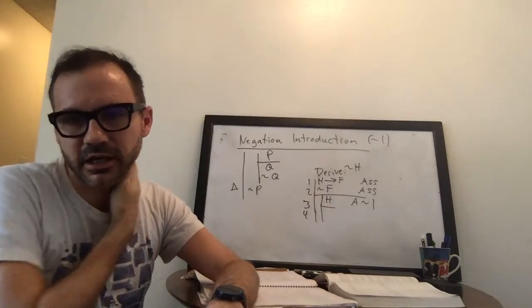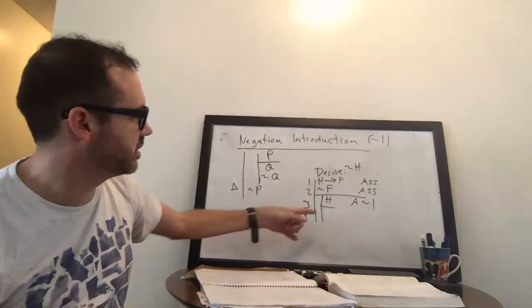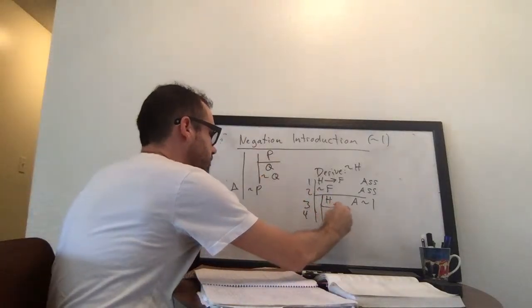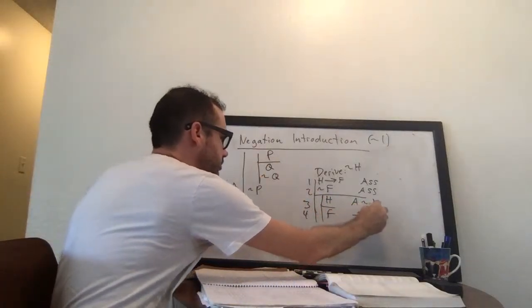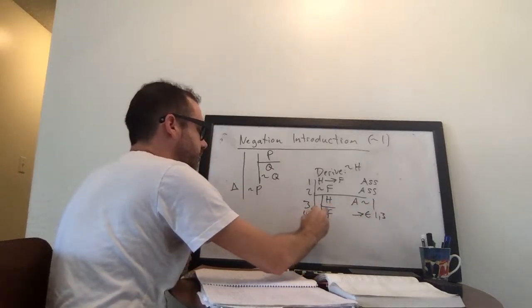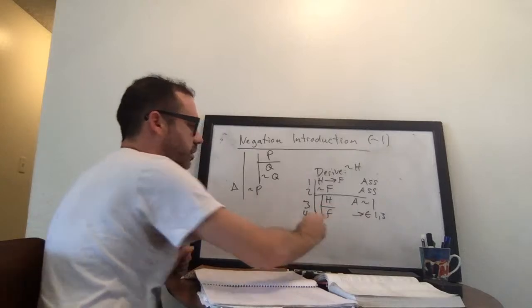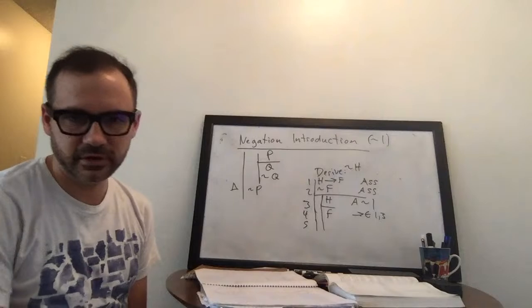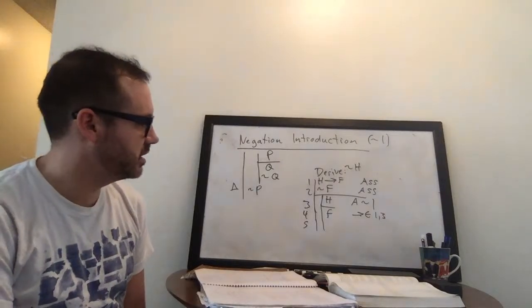Okay, good, Arlene. F, on the basis of conditional elimination, 1, 3. There's F. All right. Well, we're not done yet, but we're making progress because getting F is like half of a contradiction that we can create now.